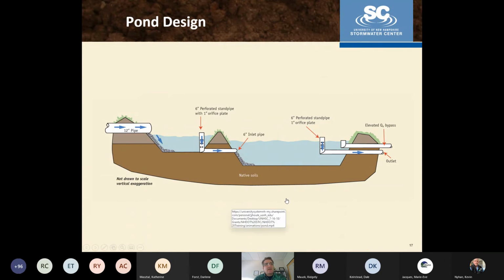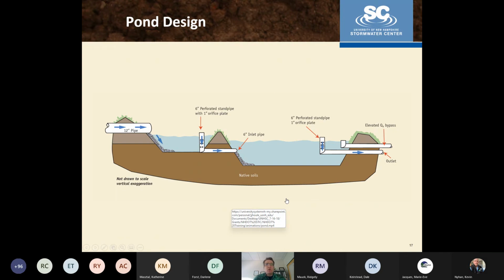So the design of retention ponds hasn't really changed that much. You have multiple outlet structures, you have a resident pool of water, and really the performance is enhanced by the runoff coming into that quiescent pool of water.